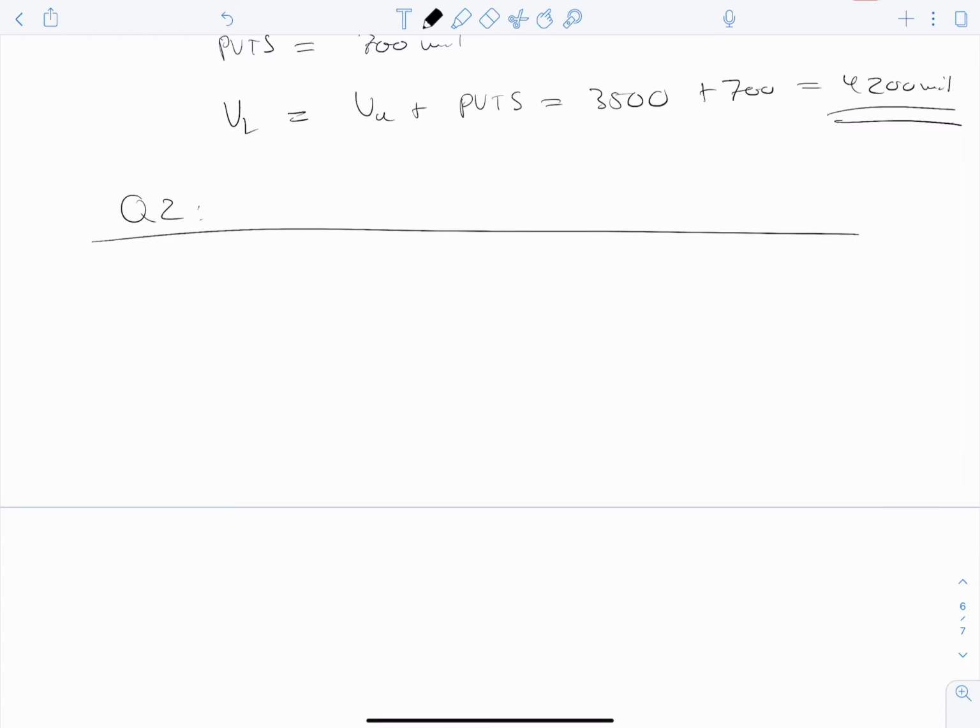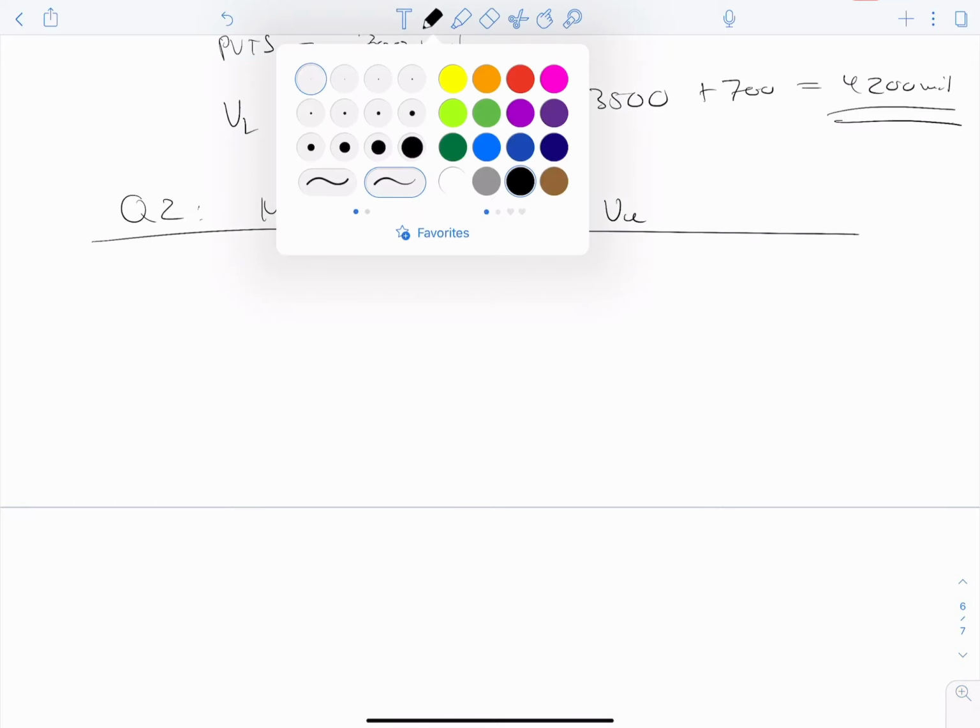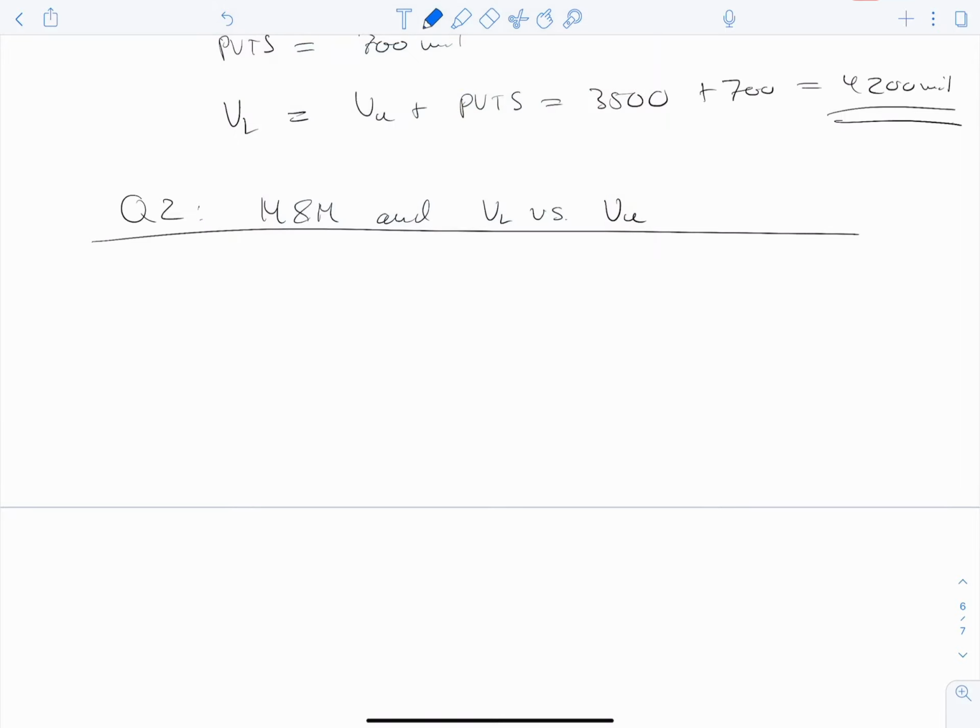Use Modigliani and Miller, so M&Ms, to argue why value of the levered firm can vary from the unlevered firm. So basically Modigliani and Miller and value of levered firm versus value of unlevered firm. And here, I also just want to give you a good thing to remember.